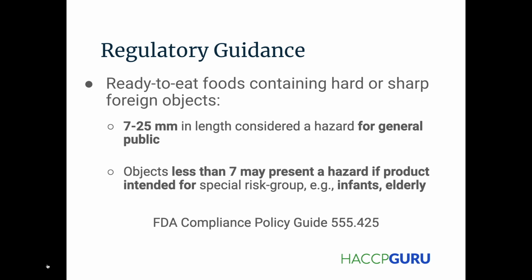So 7 to 25 millimeters, that is the extreme, right? That's when you need to put the exclamation point on what you're doing and how you're going to manage that risk, because now you're talking real. You're talking, once again, small enough that you can't necessarily see it, but big enough that you can choke on it.